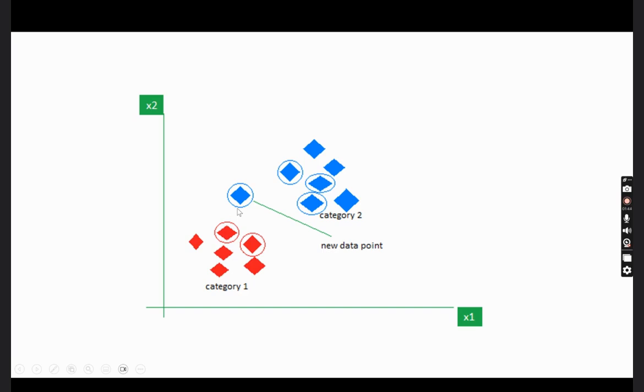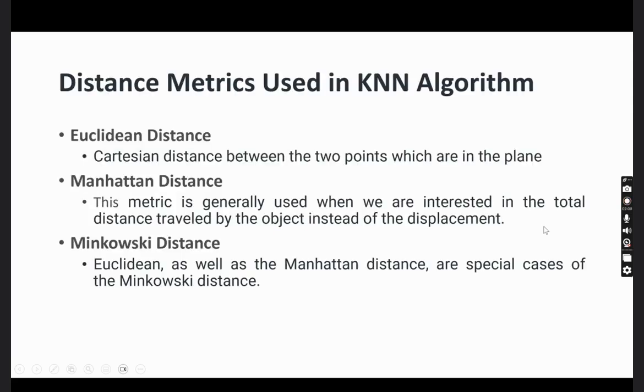The group of the data point which has the shortest distance is the group to which the new data point belongs. So if this data point has the shortest distance to the newly introduced data point compared to these data points, then the new point belongs to category 1. This is the logic behind the KNN algorithm.